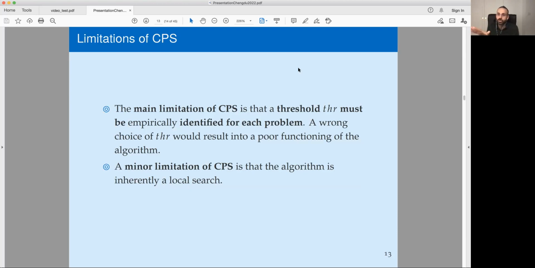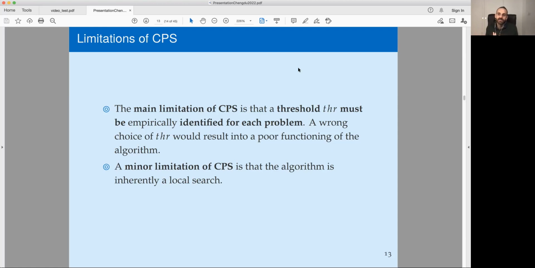If I choose a wrong threshold, then the algorithm doesn't work. Then I have to be very careful, and I need to look at the problem and select something ad hoc before I can actually run it, which of course takes a lot of human time. And that's something that we do not want to have, because we want the algorithm to be automatic.